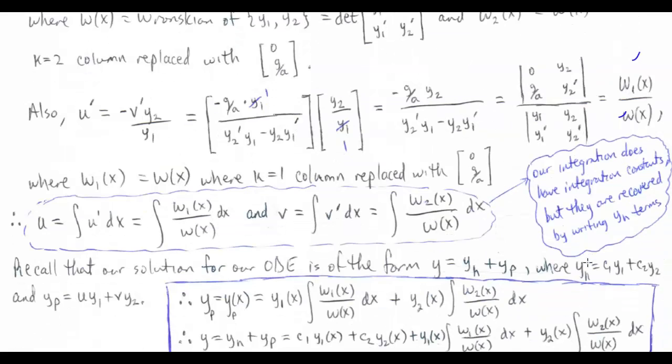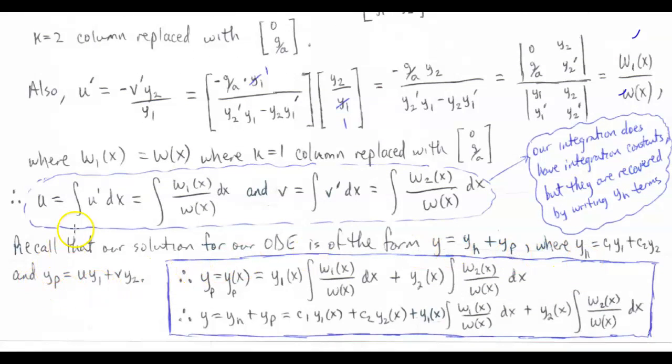And of course, from that, if we basically substitute everything in for the y of p, then we're going to have y1 times all of this being your u, and then y2 times all of this being your v.